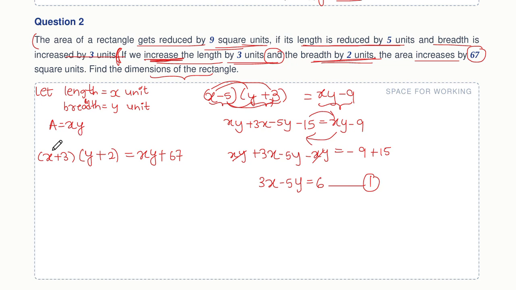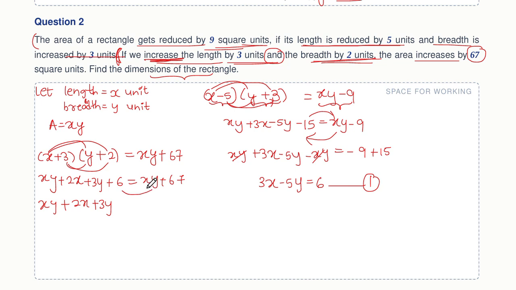So do the same thing, multiply x into y, xy, x into 2, 2x, 3 into y, plus 3y, plus 3 into 2, 6, is equal to xy plus 67. Do the same thing, xy plus 2x plus 3y. Take this 6 to the right hand side and xy to the left hand side.